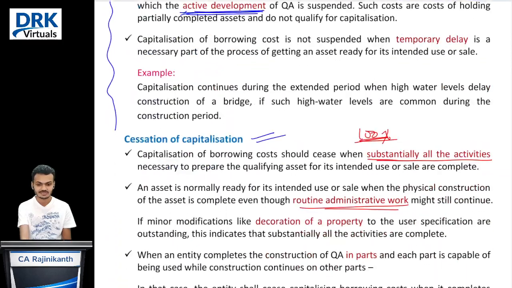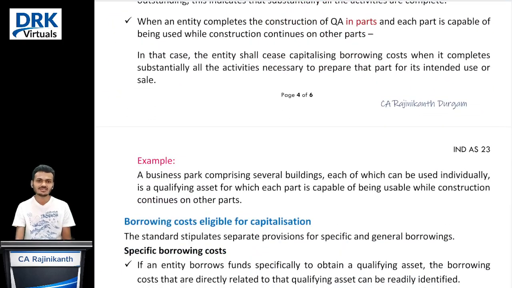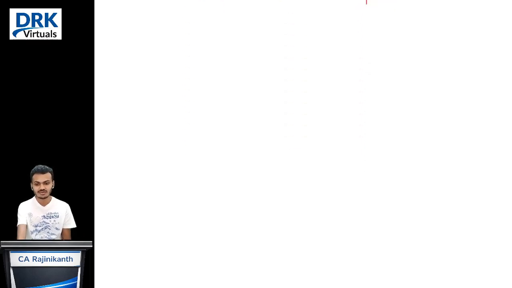Okay. And next one is, if construction of a qualifying asset is completed in parts, if out of all construction activities one part is substantially completed, borrowing cost to the extent of that completed part should be ceased. Example, we are constructing 5 buildings in a business park.